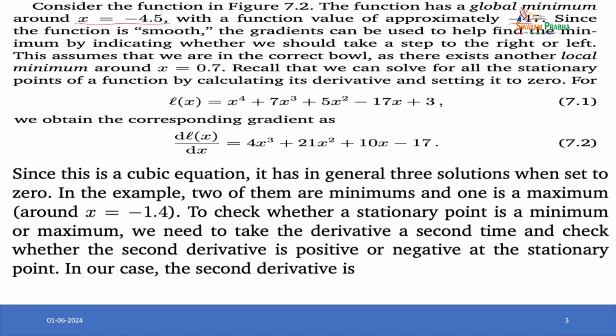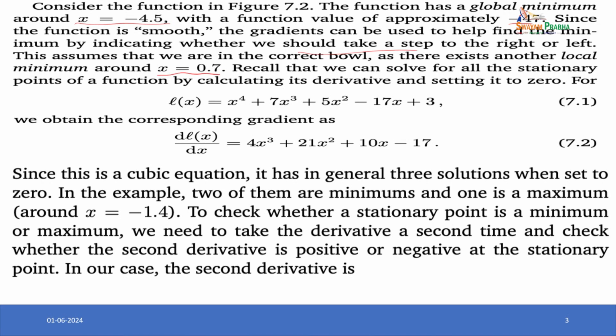The function is smooth. The gradient can be used to help find the minimum by indicating whether we should take a step to the right or left. This assumes that we are in the correct bound, as there exists another local minimum around x equal to 0.7.